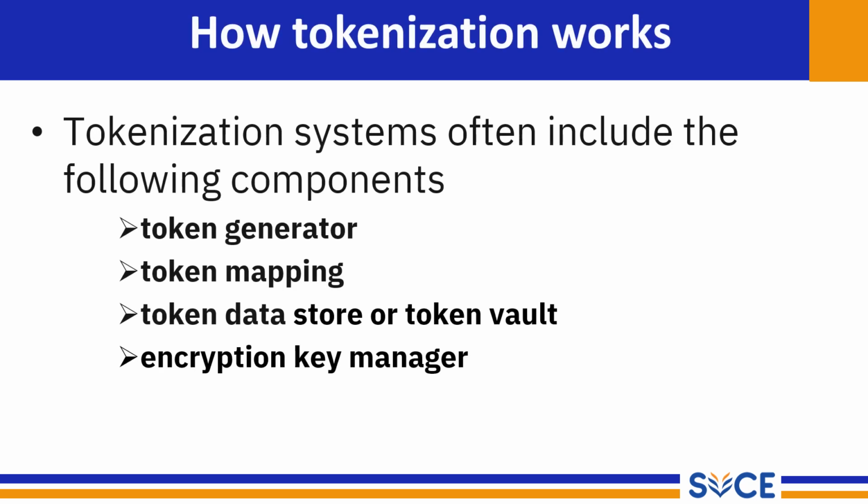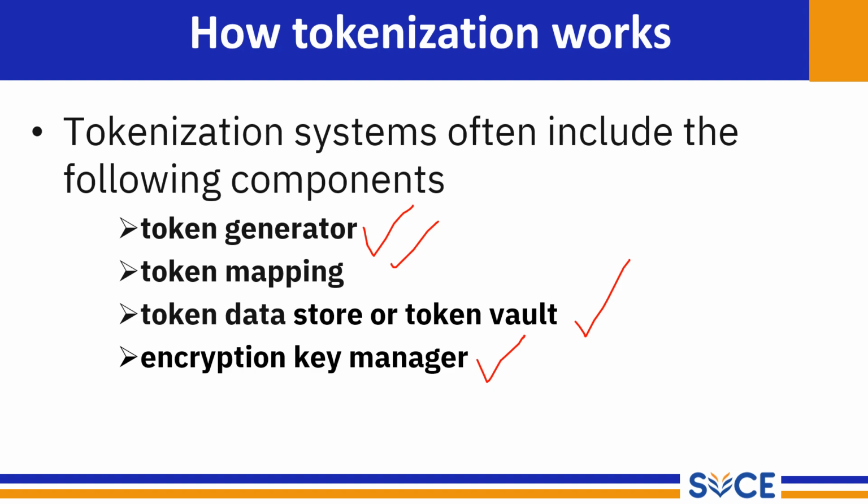The tokenization system often includes the following components: token generator, token mapping, token data store or token vault, and the encryption key manager. The first one is the token generator, which creates tokens through one of several techniques.